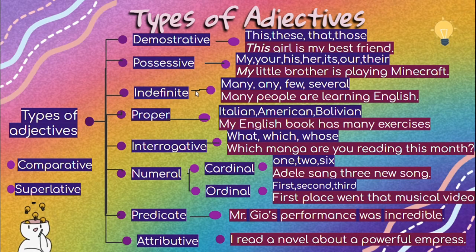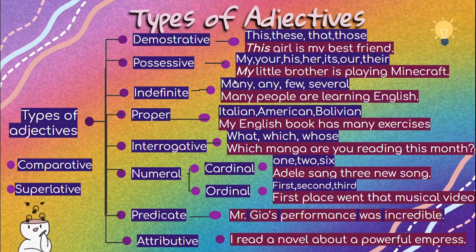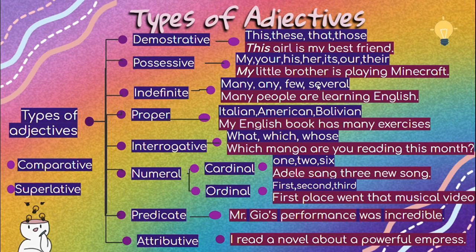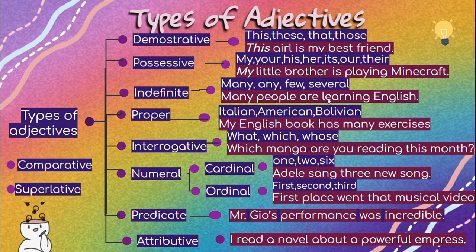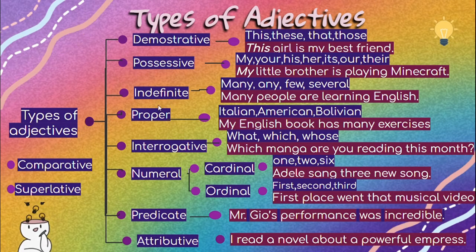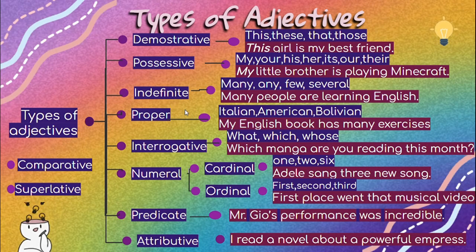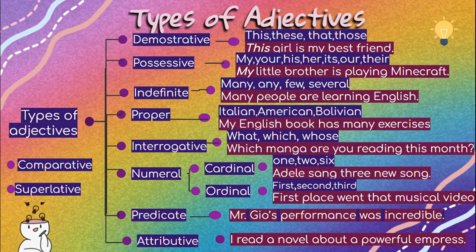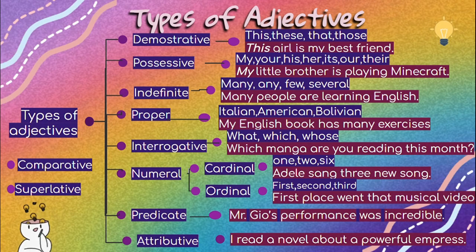Indefinite adjectives. These adjectives are many, any, few, several. For example, many people are learning English. Many modifies people. Proper adjectives are adjectives formed from proper nouns.